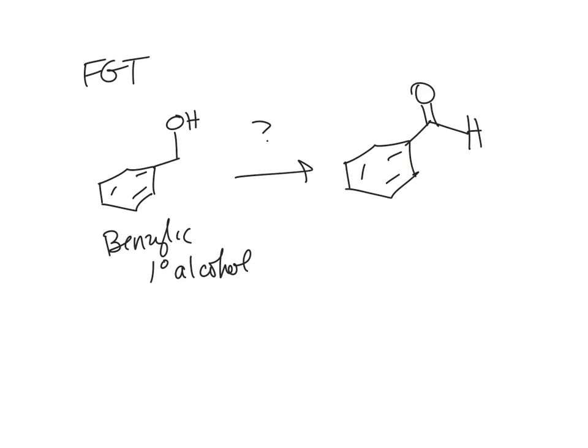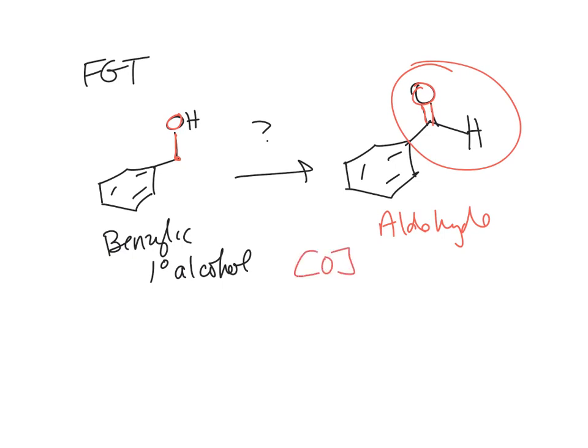We went from the alcohol to what? An aldehyde. Okay, so we increase the number of carbon-oxygen bonds. So this is oxidation. So we need some oxidizing agents, and we have PCC, which is pyridinium chlorochromate.